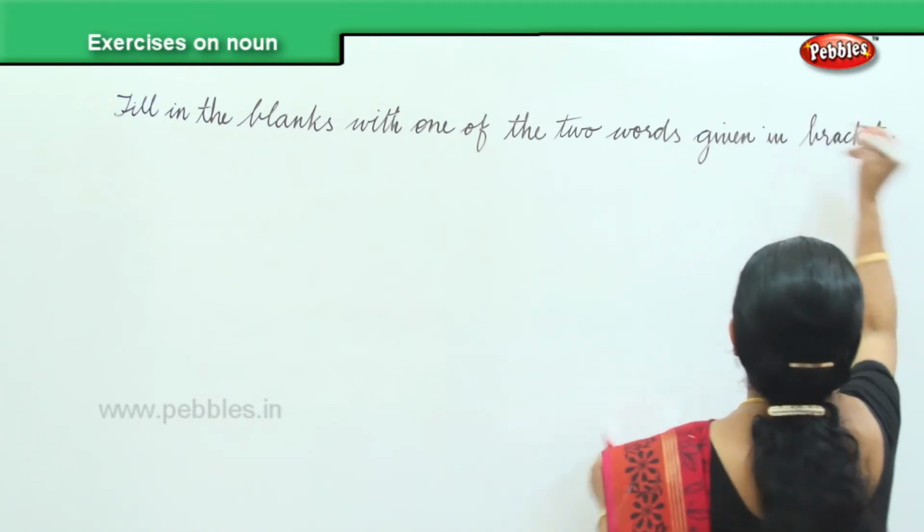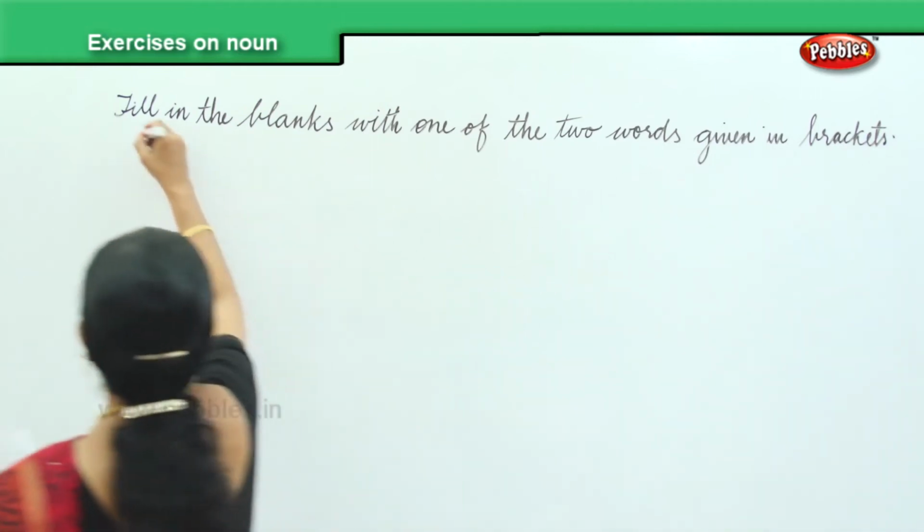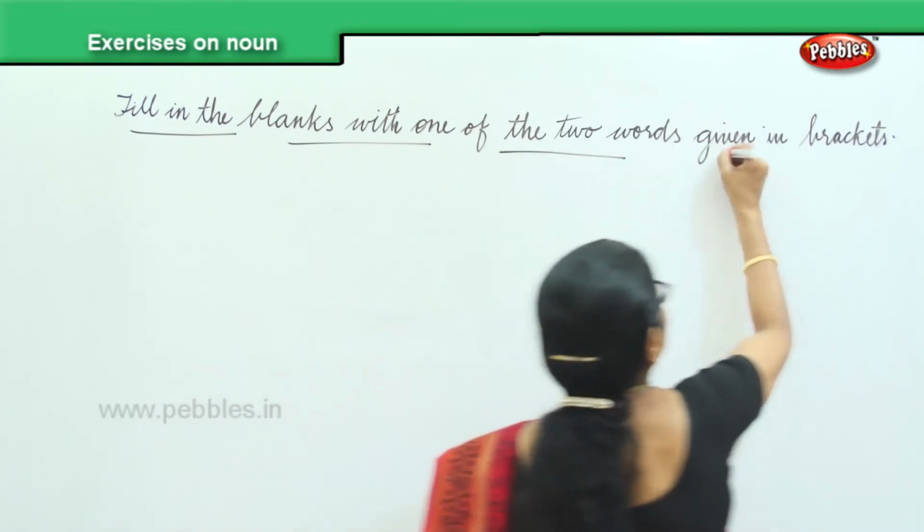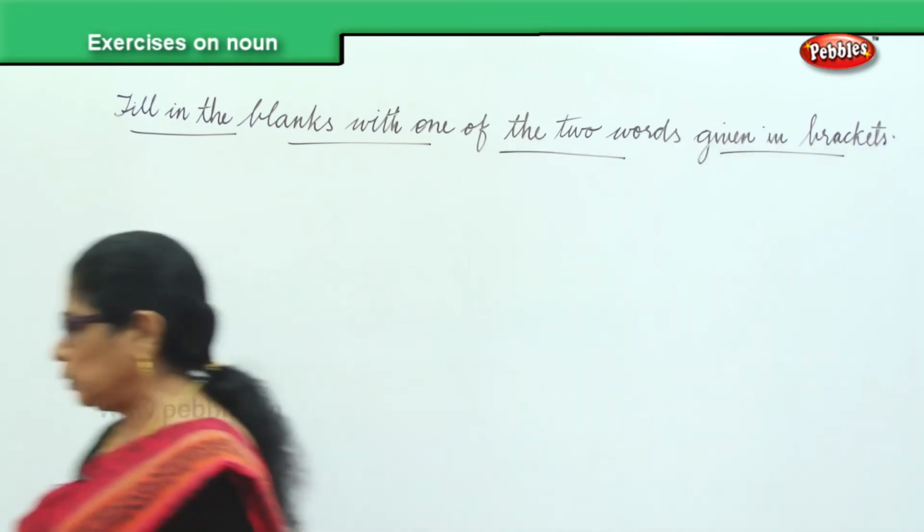So what are we going to do? We're going to fill it up with one of the two words in the bracket. And that's what we are going to do now.